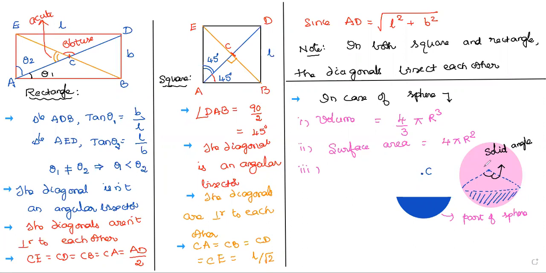Plane angle we measure in radian, but solid angle is measured in steradian. Keep in mind.